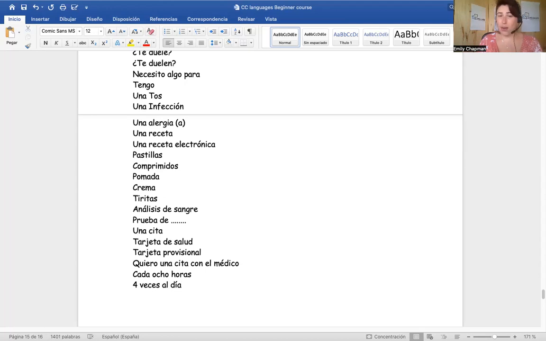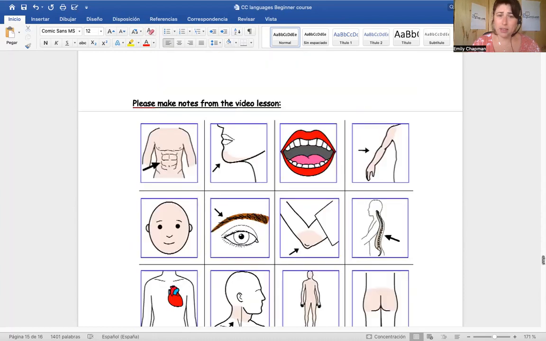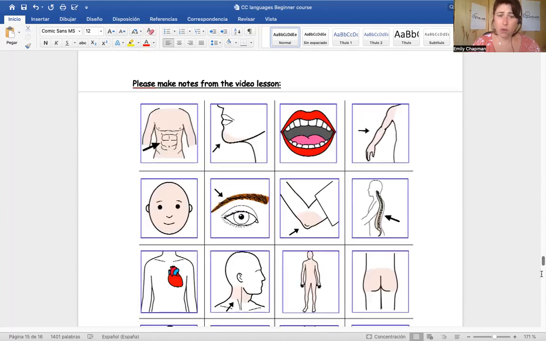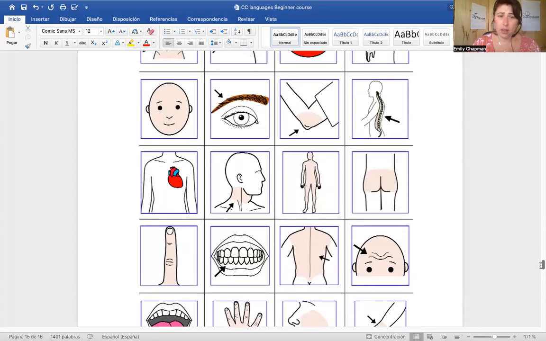Okay, so I hope that you get on well with these phrases and the body parts as well, which are a lot of practice. But there's many options. You could even print 2 copies of this particular lesson, lesson 4.